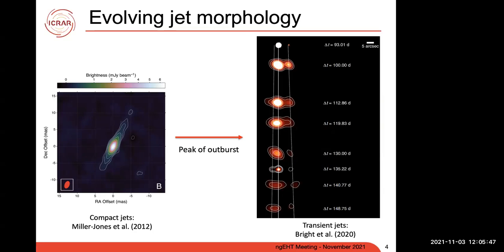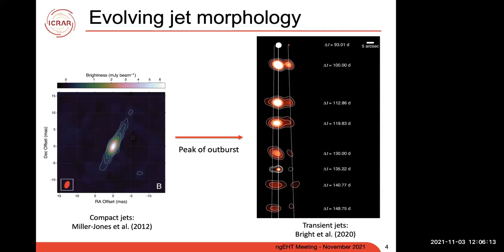At the peak of that outburst, the jets start off as relatively steady flows. We call them compact jets. They are not really evolving very quickly in time. They are continuous flows, and they're not nearly as extended as the brighter jets we see later in the outburst. So the best example is Cygnus X-1 on a size scale of a few milliarcseconds.